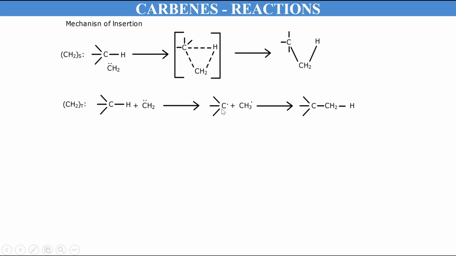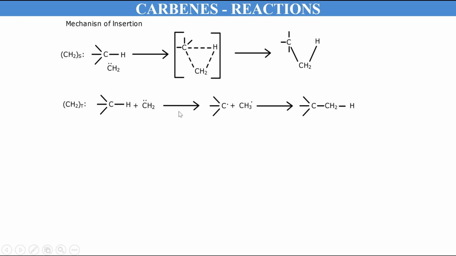Then this tertiary butyl radical and methyl radical combine together to give rise to a bond between the tertiary butyl carbon and the methyl carbon, and it gives rise to an inserted product. The singlet state undergoes single concerted step insertion.